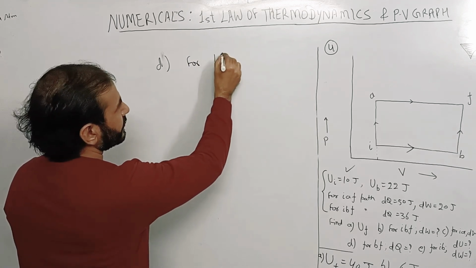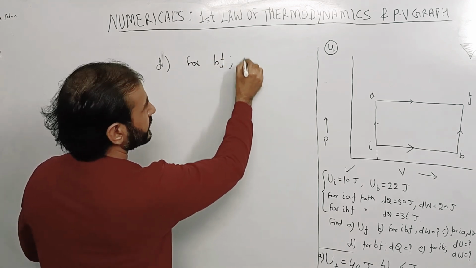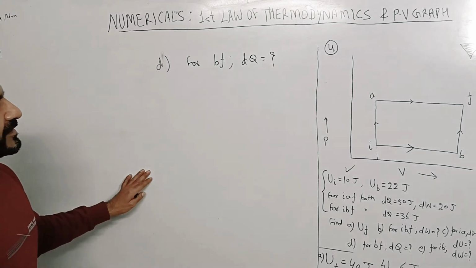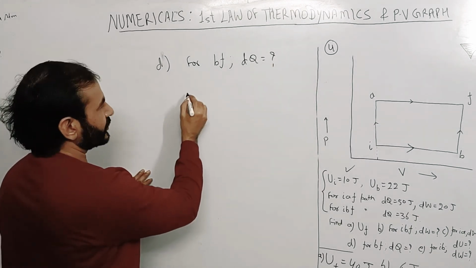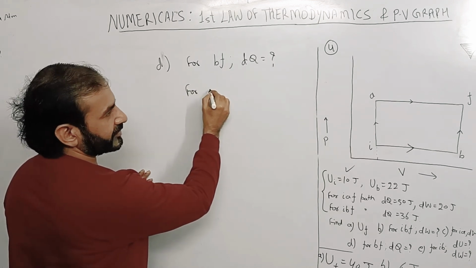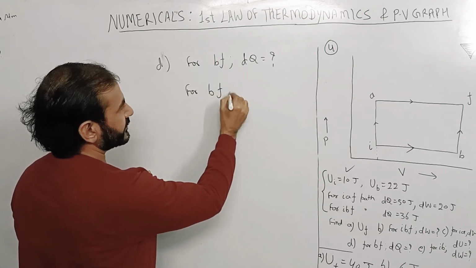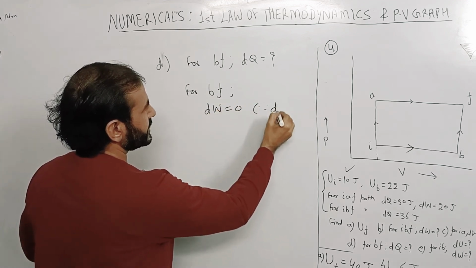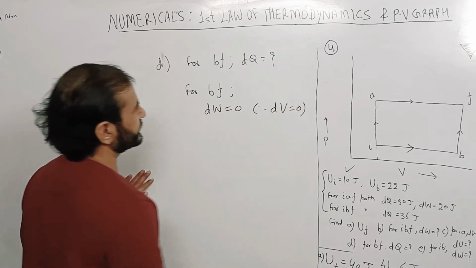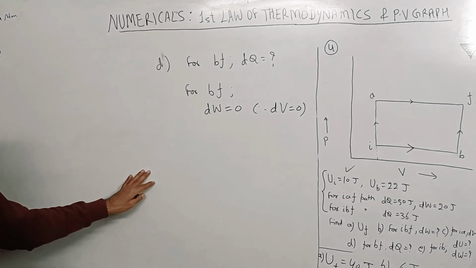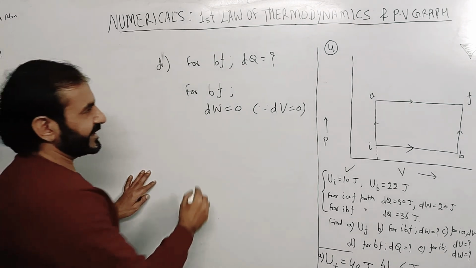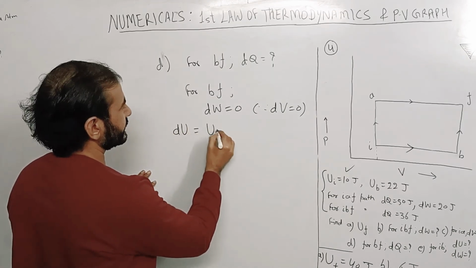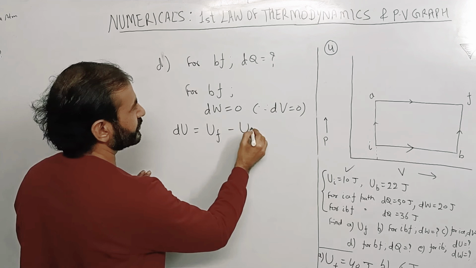For BF, what is dQ? For BF, dW is 0 since dV, the change in volume, is 0. For BF, find delta U or dU. dU will be UF minus UB.